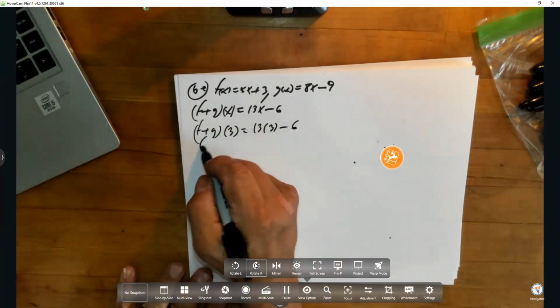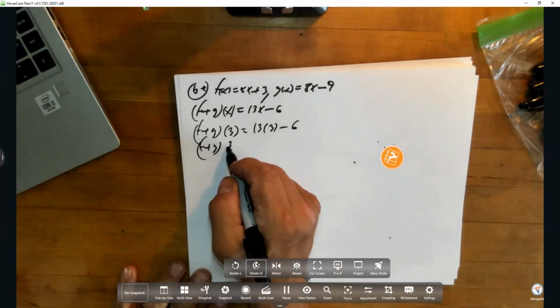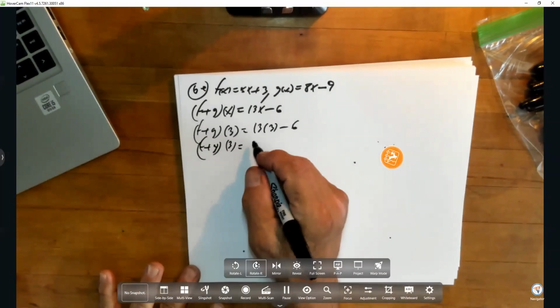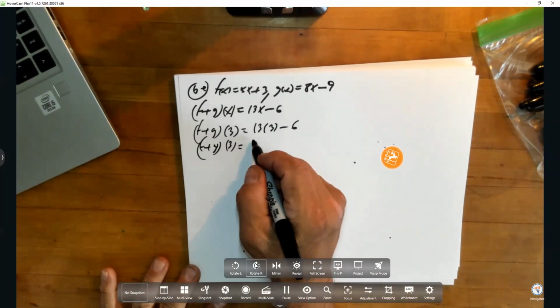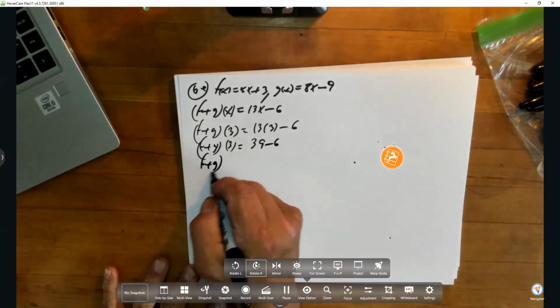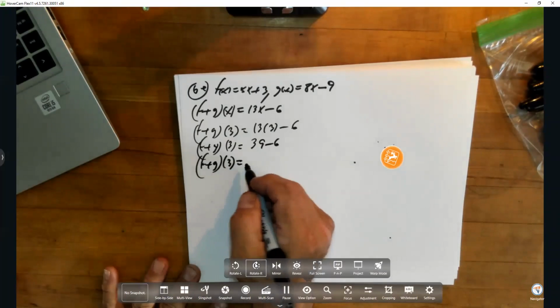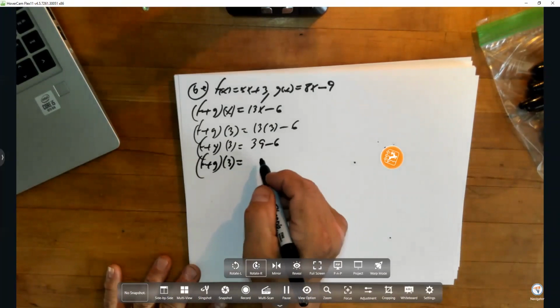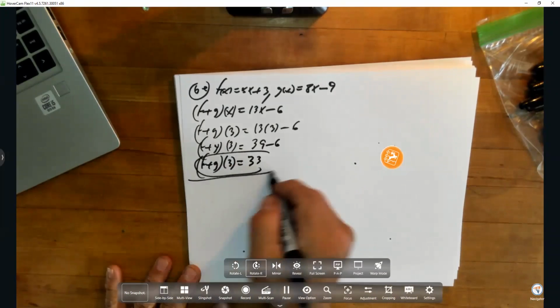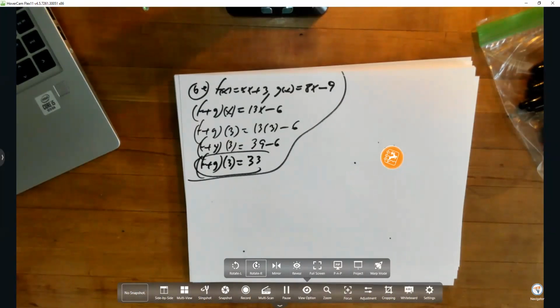So now f plus g of 3. 3 times 13, what is that? 39. 39 minus 6. So f plus g of 3 is what number? 33. 33. Let's see. Okay. So after the 6th letter E.